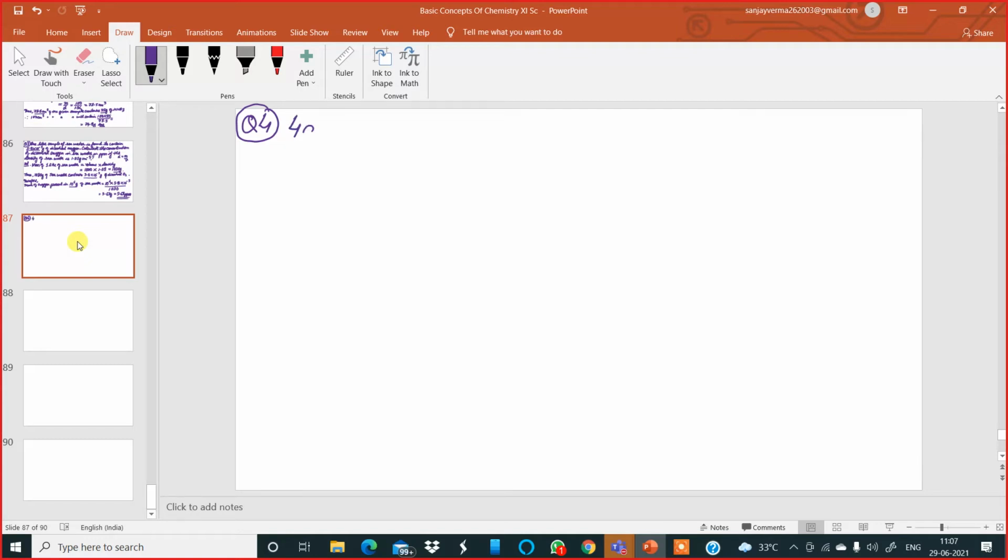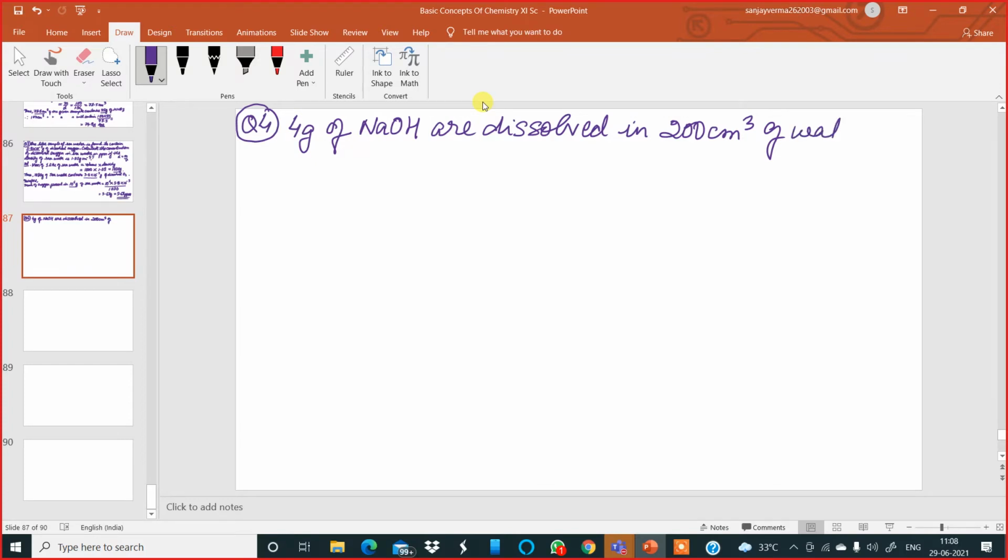Write down: 4 grams of sodium hydroxide, NaOH, are dissolved in 200 centimeter cube of water.